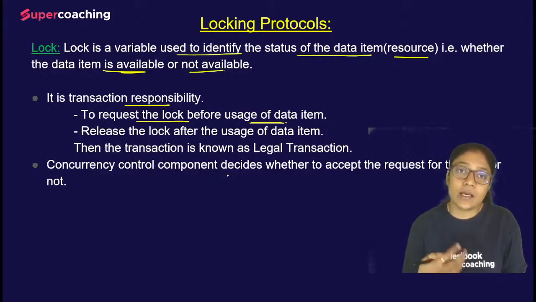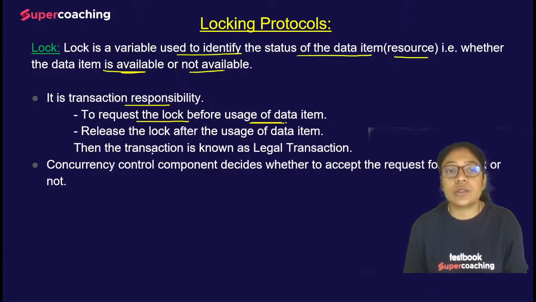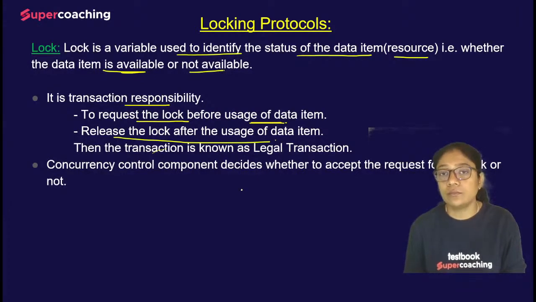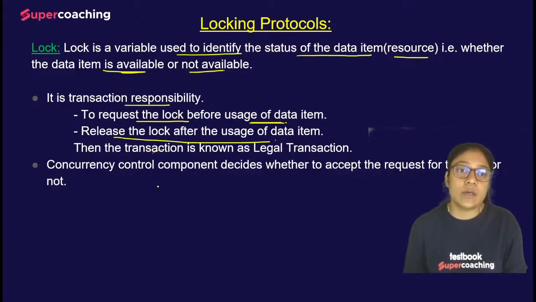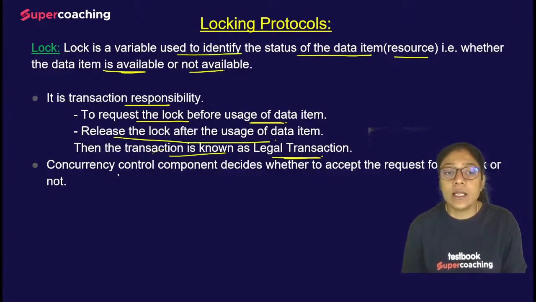Before use, it has to send a request, and after the use it's the responsibility of the transaction to release the lock. If it is performing these two steps, requesting for the lock and releasing the lock, then that transaction is known as a legal transaction. Okay, so the concurrency control component decides whether to accept the lock or reject the lock.